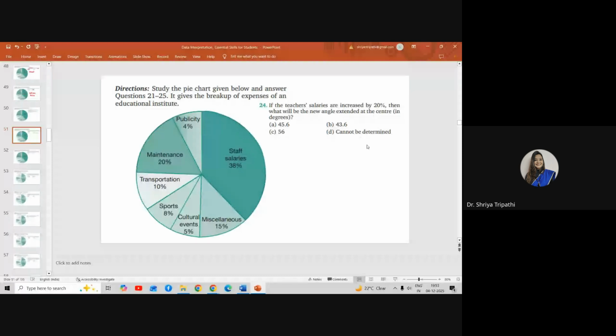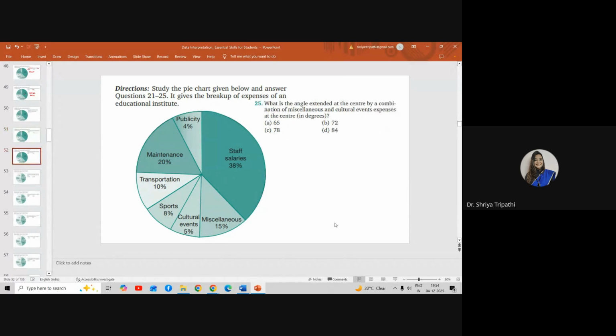It's not very specific because it's a breakup of expenses of an education institute. The staff salary can include admin staff, the peon, clerk, watchman also. If it were written teacher salary, then we could have calculated it. But here there's no mention of it. So the answer is cannot be determined.